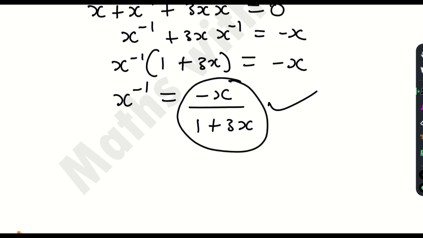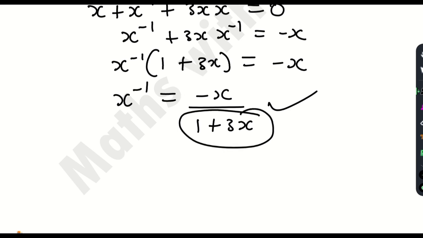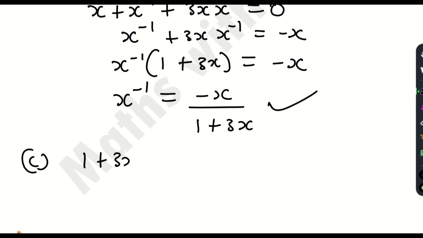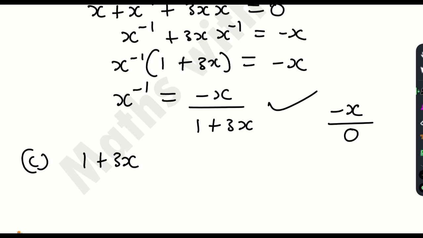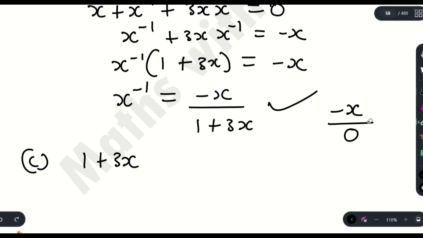It's going to be undefined if the denominator is 0. If we set 1 plus 3x to be equal to 0, negative x over 0 is undefined. So when the denominator is set to 0, the inverse will cease to exist.